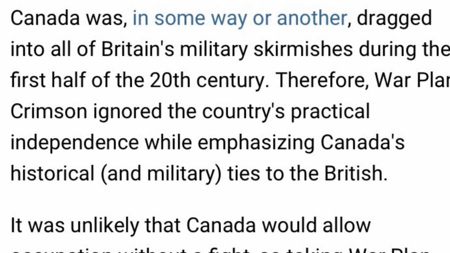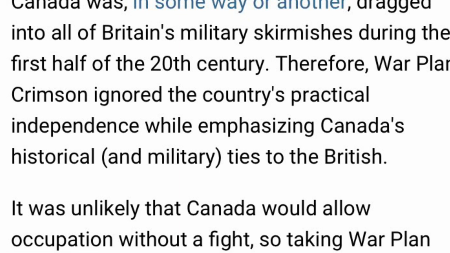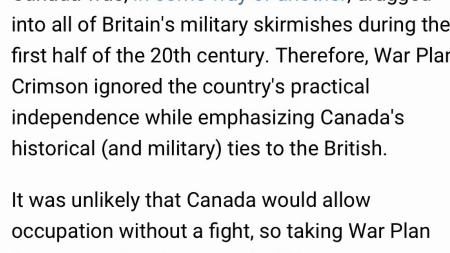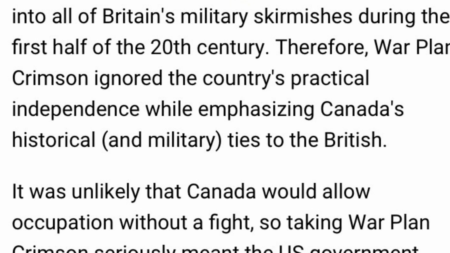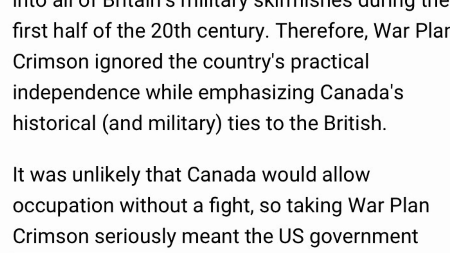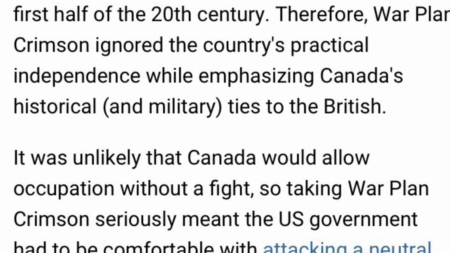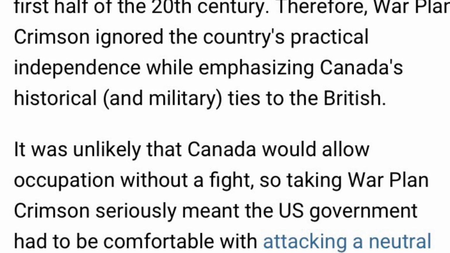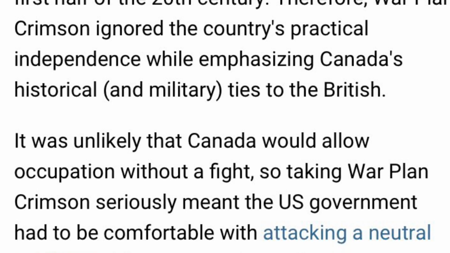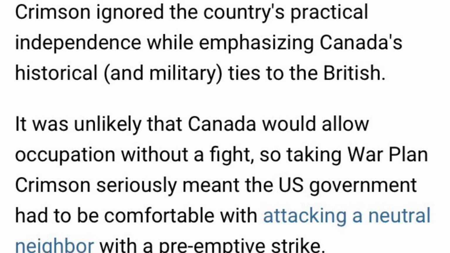Therefore, War Plan Crimson ignored the country's practical independence while emphasizing Canada's historical and military ties to the British. It was unlikely that Canada would allow occupation without a fight. So taking War Plan Crimson seriously meant the U.S. government had to be comfortable with attacking a neutral neighbor with a preemptive strike.